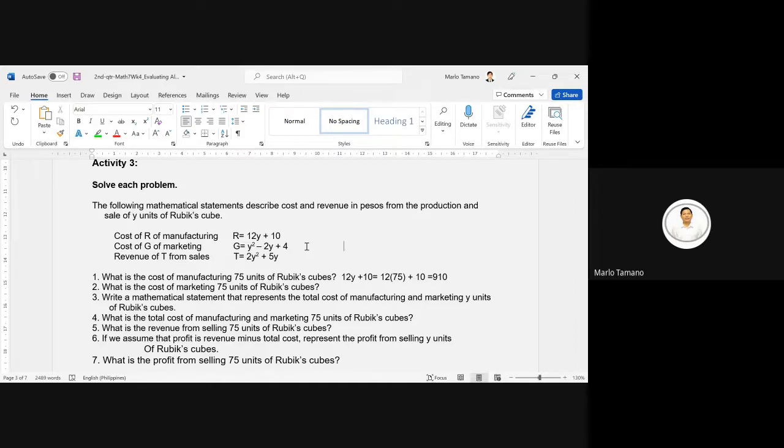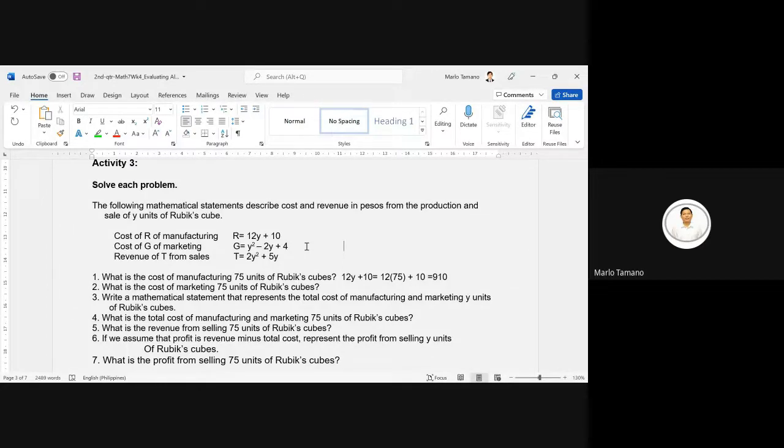Okay? So 5,625 minus 2 times 75 plus 4. Ano sagot? So 5,625 minus 150 is 5,475.